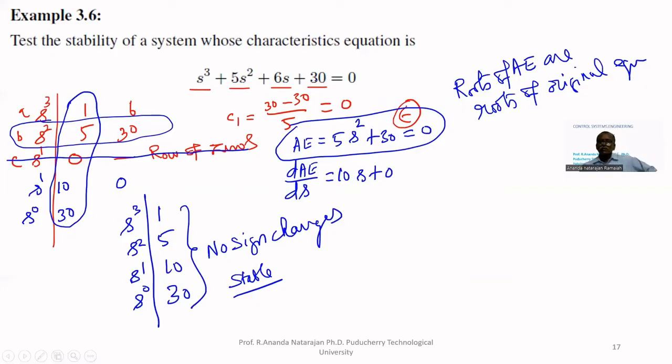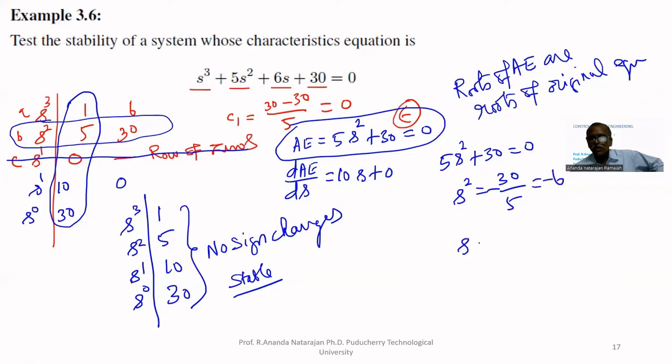Therefore, the auxiliary equation roots are roots of the original equation. What are the roots of this auxiliary equation? 5s square plus 30 equal to 0, or s square equal to 30 by 5, that is equal to minus 6. Therefore, s equal to plus or minus j root 6.